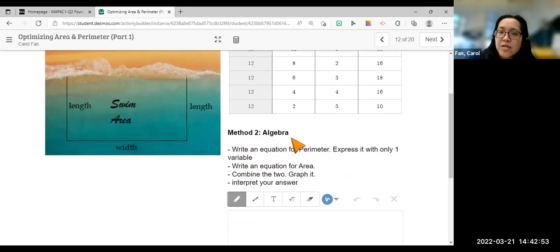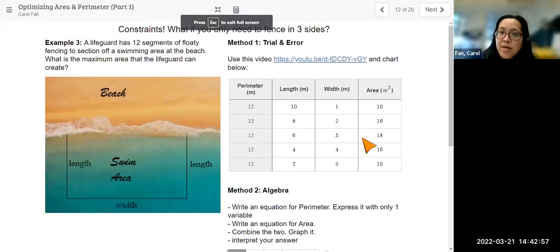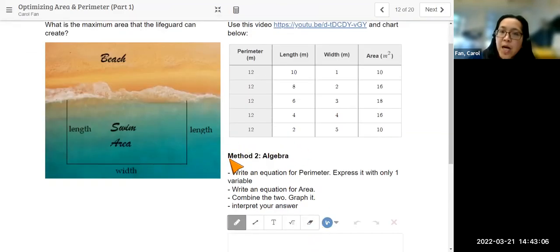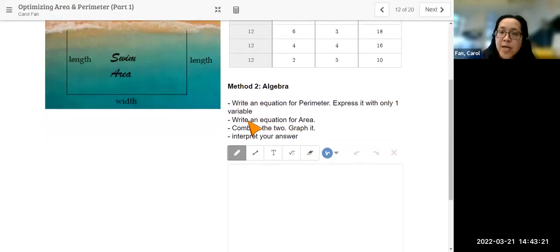And the relationship is a length that is double that of the width. Now let's solve this question a second method. So instead of doing trial and error, I want to do this algebraically. Remember how in the previous questions, we wrote 2 equations and we expressed it as one variable. Then we graphed it to see where our minimum or maximum area was. So first, let's write an equation for the perimeter.